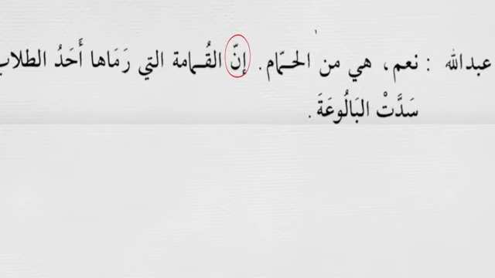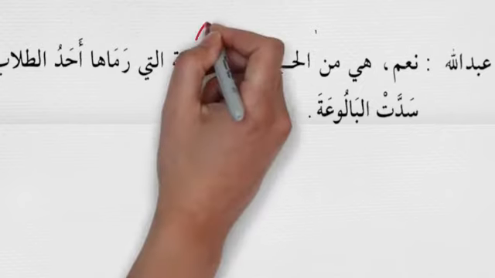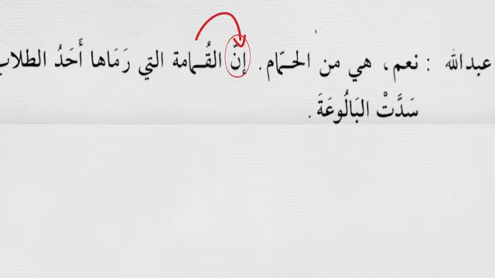Here allati is coming as a na'at, connected to qumamata, which is connected to inna. We know allati is an ism mawsula, and it will have silatul mawsul. So we are looking at silatul mawsul, here jumlatul fa'iliya.